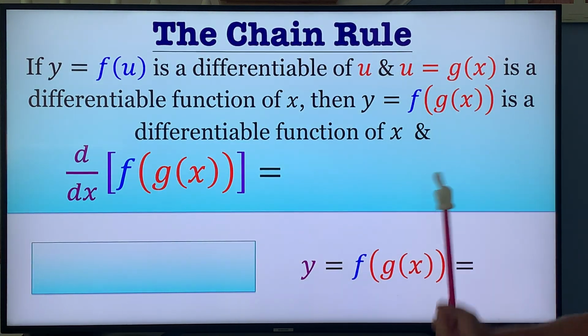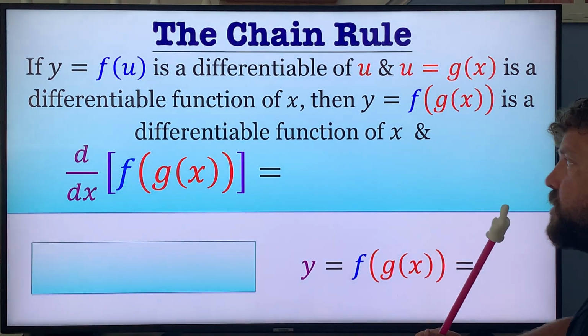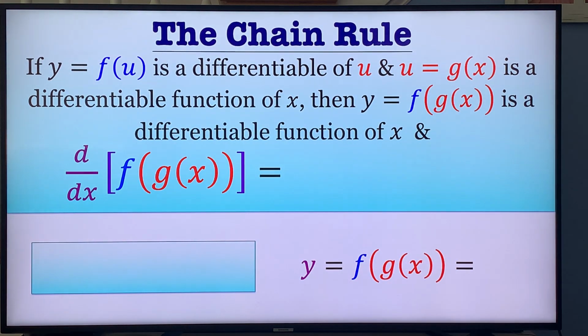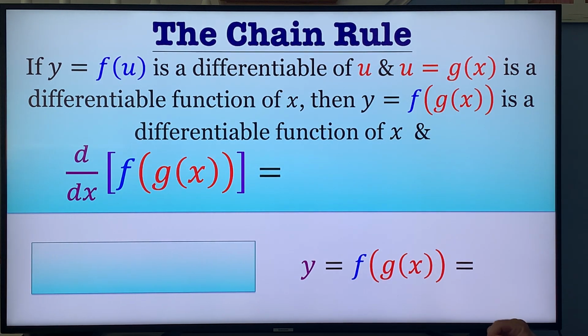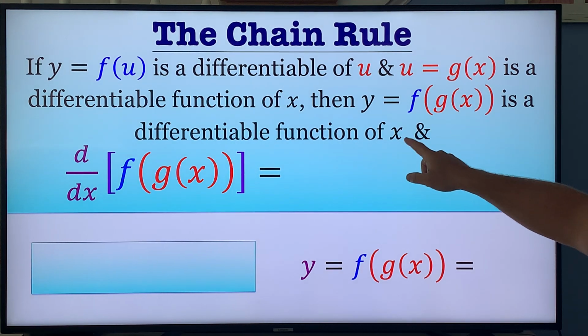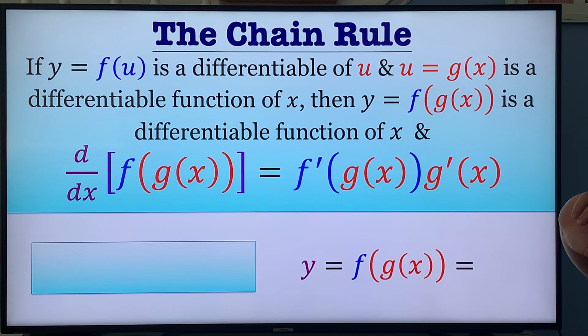Now, here's actually how a chain rule works. If y equals f of u is differentiable on u and u equals g of x, a differentiable function of x, then y equals f of g of x, FOG, all right, is differentiable in the function of x, and the following is true.